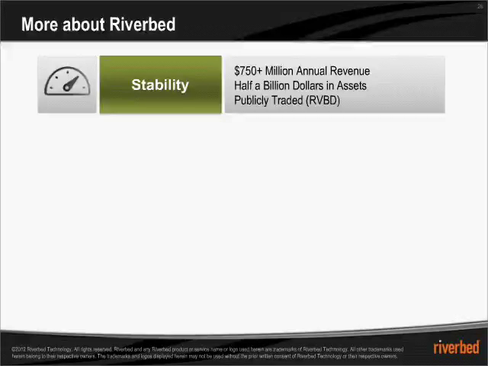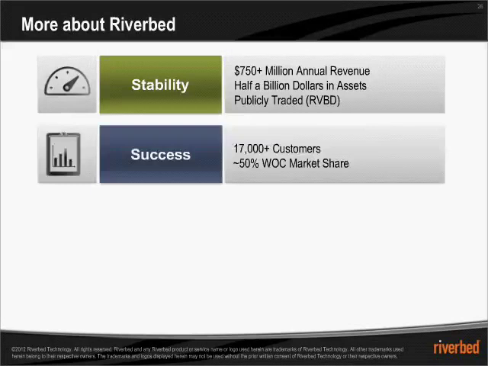We have quite a bit of cash on hand, and we're a publicly traded company, so a very stable partner, and we work very closely with Microsoft, as we noted. We've had great success around the world. We have 17,000 plus customers of Riverbed deployed around the world, and approximately 50% of the market share for WAN optimization, and are positioned extremely well with our different products in different areas like network performance management or virtual ADC space.